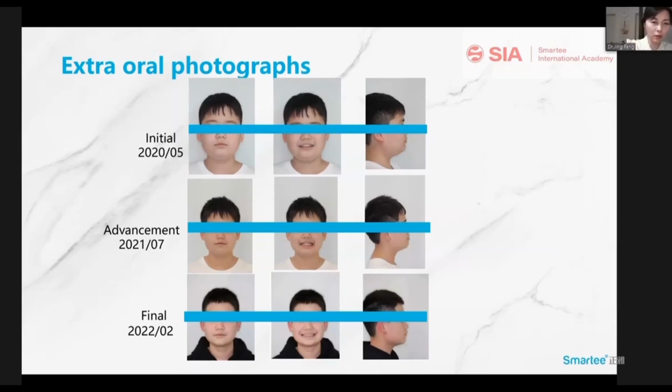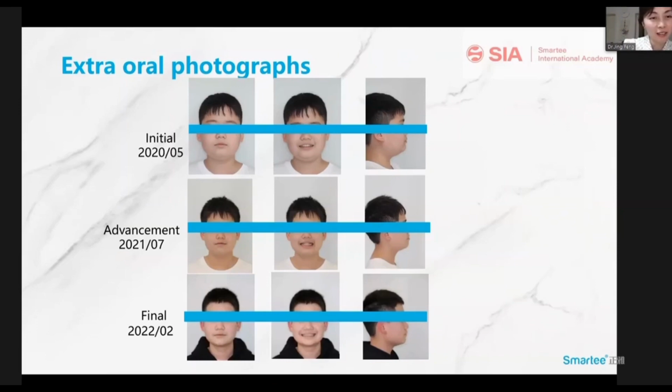Maybe 20 months to finish everything. And this interesting young boy lost a lot of weight to be more handsome, and of course with our contribution to his handsomeness.